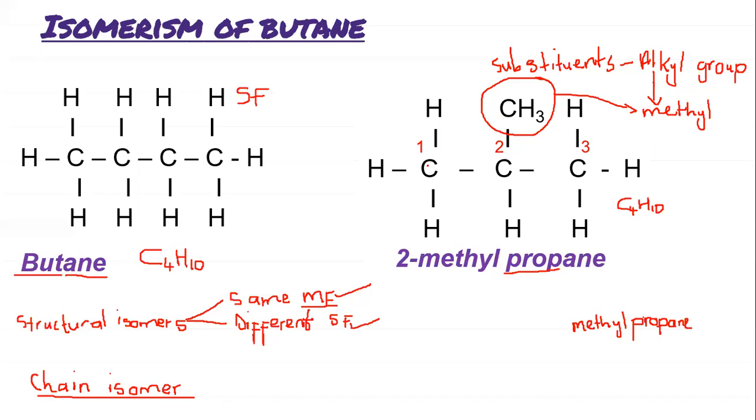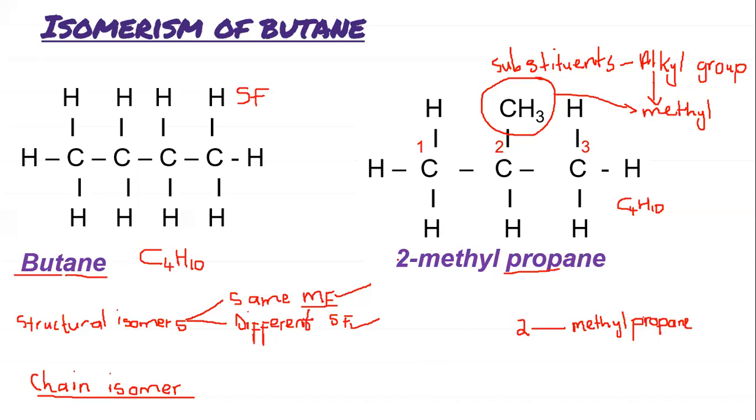So if I number from left to right, I will say it's carbon 1, carbon 2, carbon 3. It means this substituent is attached to this carbon. This entire methyl is attached to that carbon, so it is attached to carbon number 2. So we will call it 2-methylpropane.